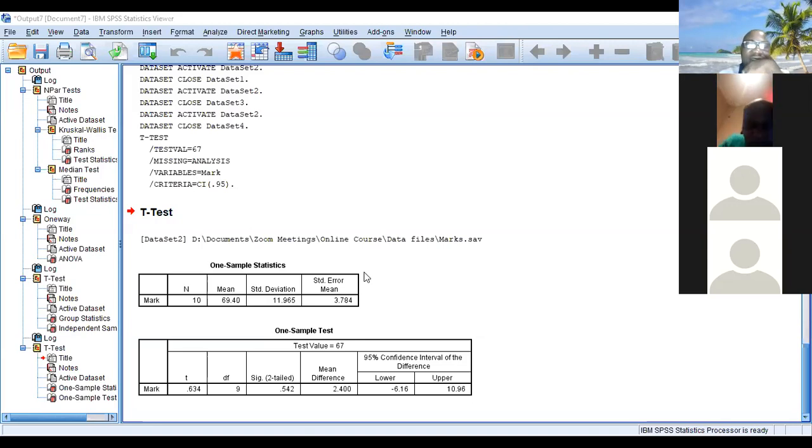Okay, that's great. This is the output for when you want to do a parametric test with that data set. You assume that maybe that 67 is the mean in the population. So this is the median, that's why you use non-parametric. It's not significant also, so it's the same thing.